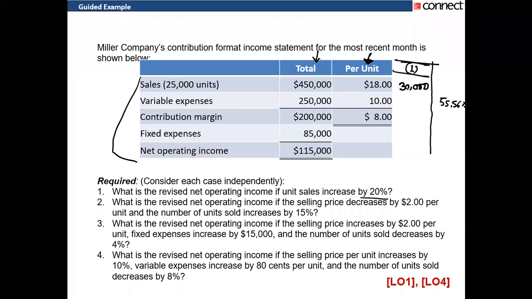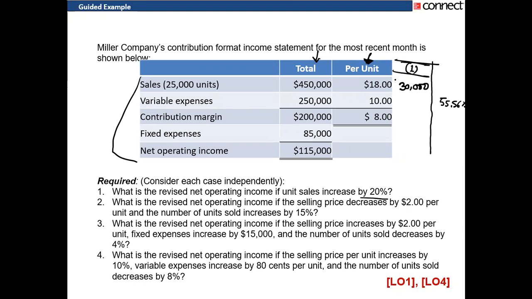Okay, there's a mistake. 30,000 is units. We need to express the number in terms of dollar sales. 30,000 is the unit sales, so let me write the unit here.